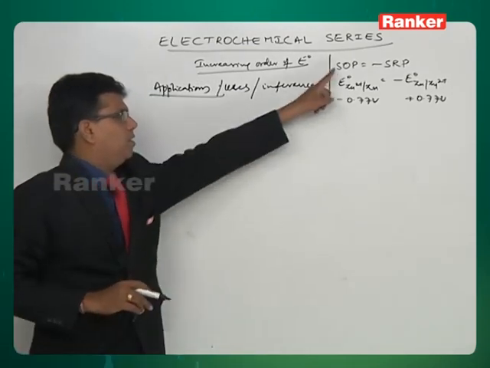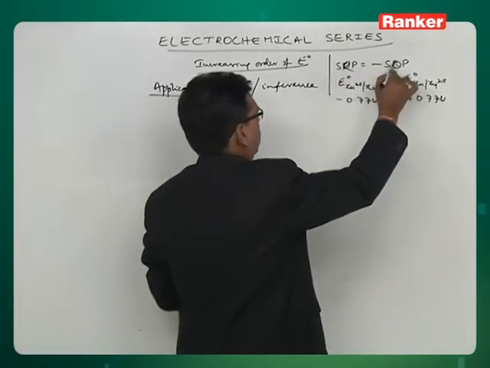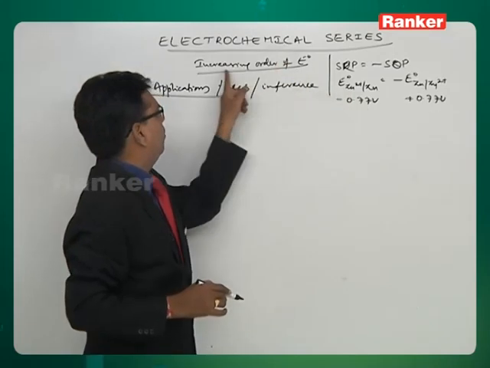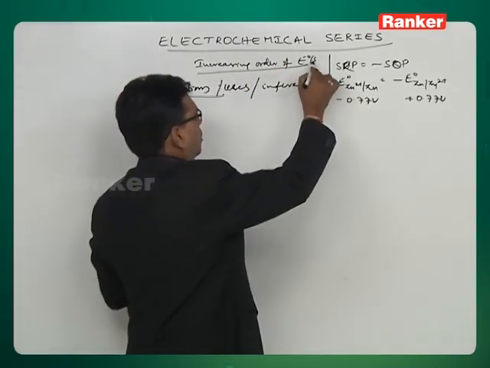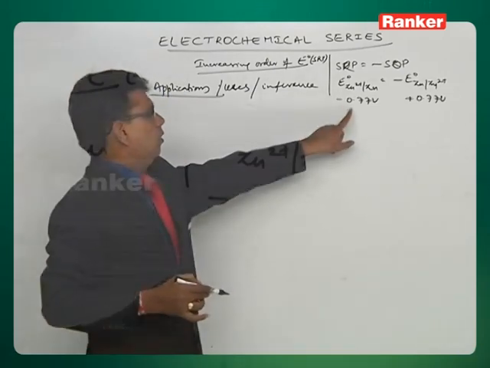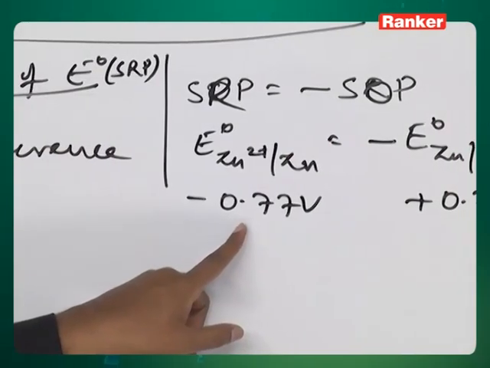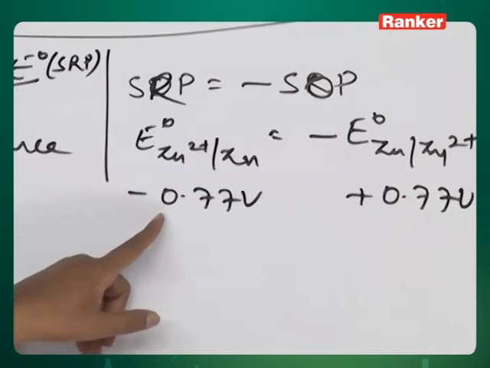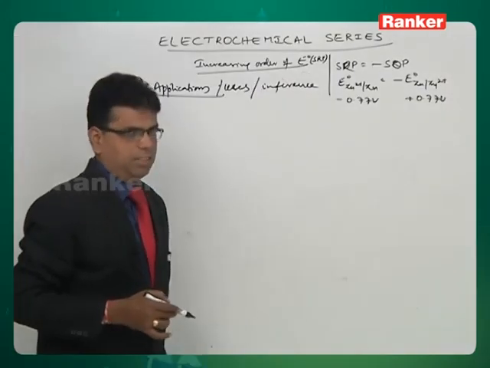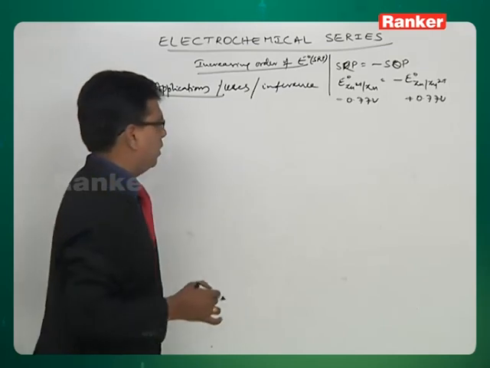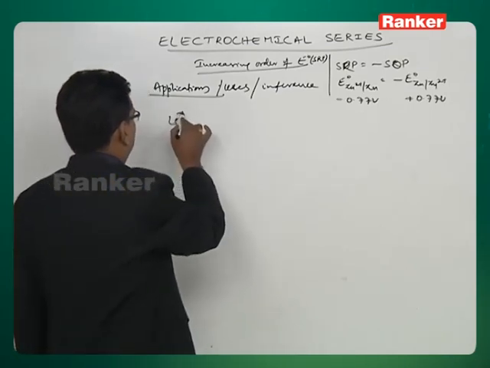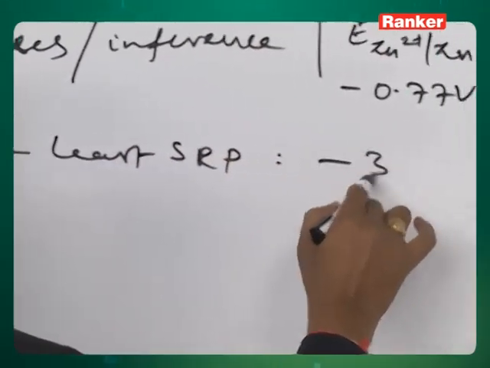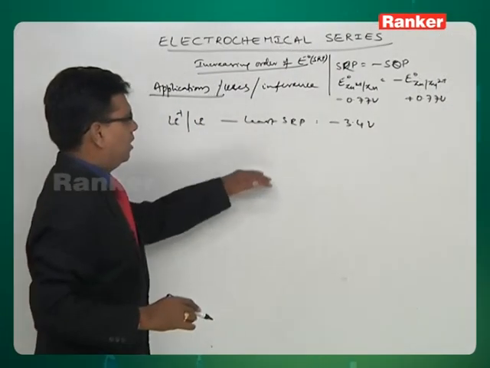So, SRP is minus 0.77. What we are talking about is always increasing order of E naught, meaning SRP. For hydrogen it is 0, this is less than 0. As we told earlier, the elements are arranged in increasing order of SRP values. Lithium is the one with least SRP, that is minus 3.4 volts, followed by other elements.